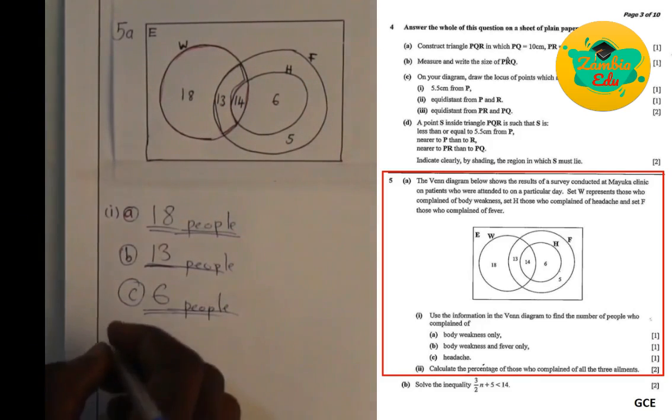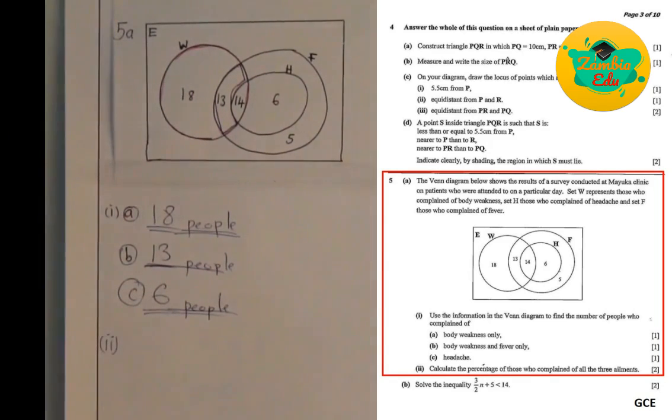And the second part of question 5A says, calculate the percentage of those who complained of all the 3 ailments.